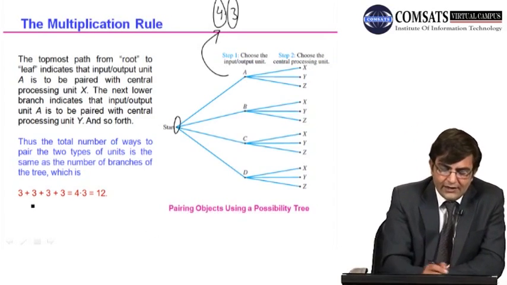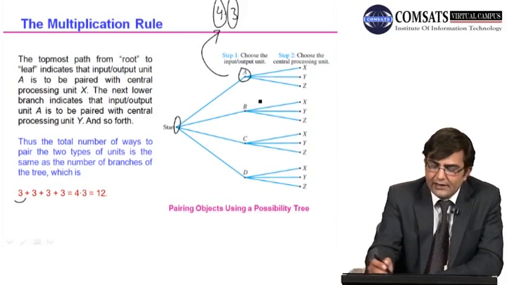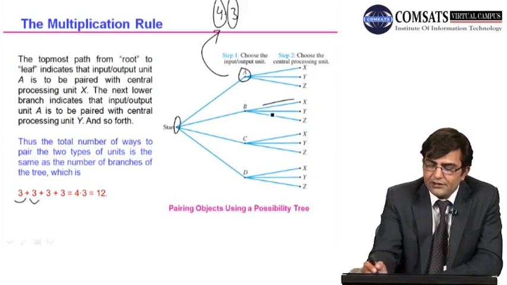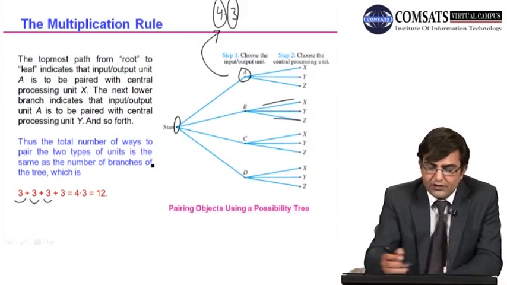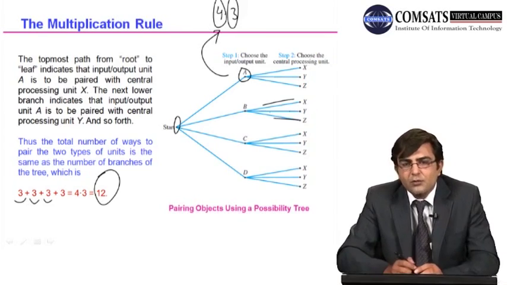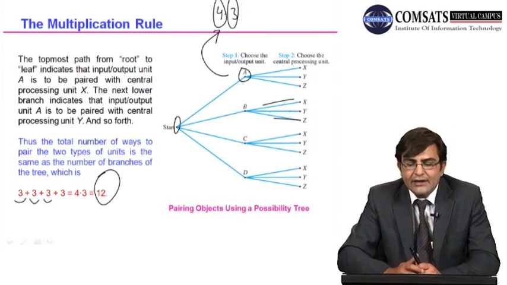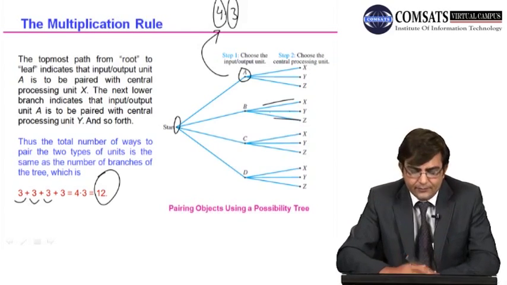Or we can say that with the first input output there are 3 possibilities, with the second we have 3, with the third we have 3, with the fourth we have 3, so 4 into 3, which is 12. So there are 12 possibilities in which we can install an input output unit A, B, C, D with the central processing unit X, Y or Z.